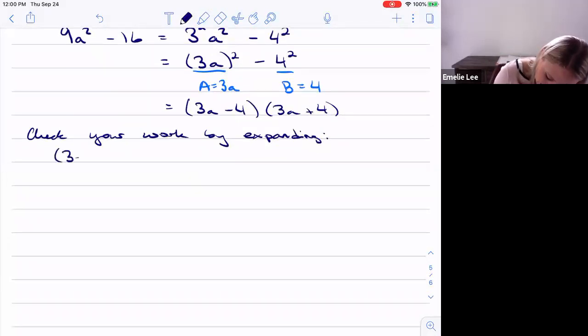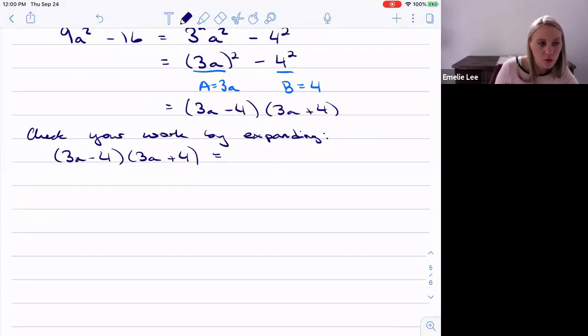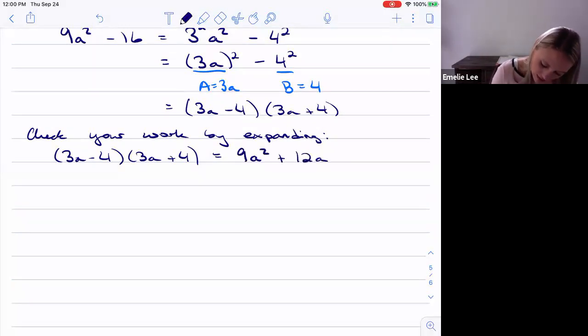So (3a minus 4) times (3a plus 4) is going to equal 3a times 3a. I'm going to go a little bit faster here. That puts me at 9a squared. 3a times 4, so plus 12a. Negative 4 times 3a is minus 12a, so those two will cancel.